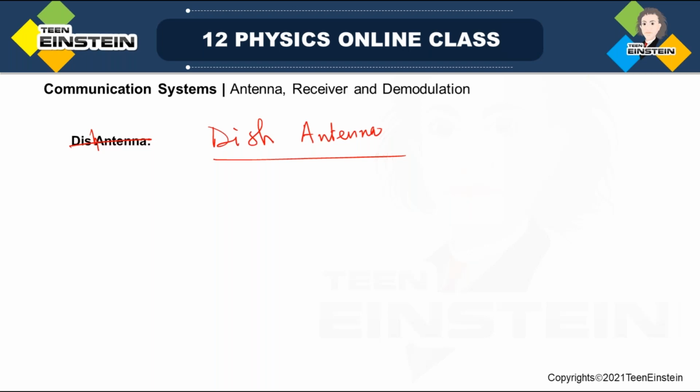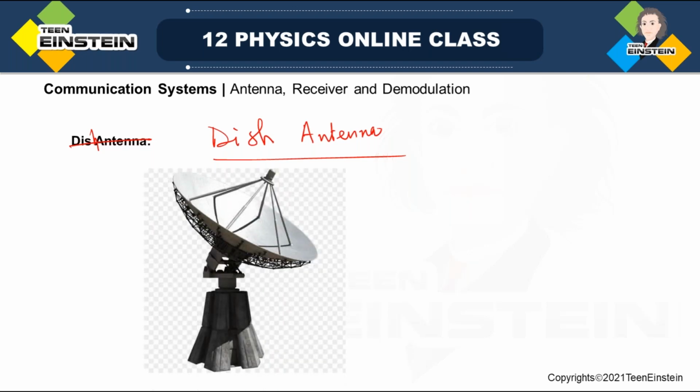So these antennas are highly directional. You can see the figure of a typical dish antenna.